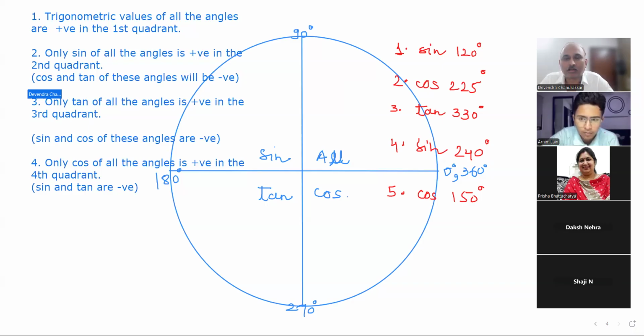If you are done writing it, please type done. Good, Arnim. All your answers are correct. Thank you, sir. Noted the rules? Yes, sir. Okay. Prisha, is it done, beta? Daksh, share the answer. Sir, please give me 2 minutes.